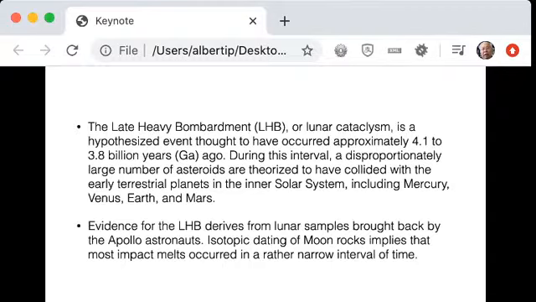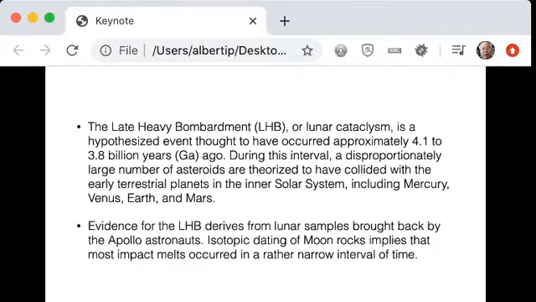The evidence is brought back from the rocks on the Moon. We can date the rocks on the Moon and find that all these rocks seem to have melted in a rather narrow interval of time. So during that period, there must have been a lot of bombardments melting the Moon's rock, which then solidified again, melting, solidifying, melting, solidifying.